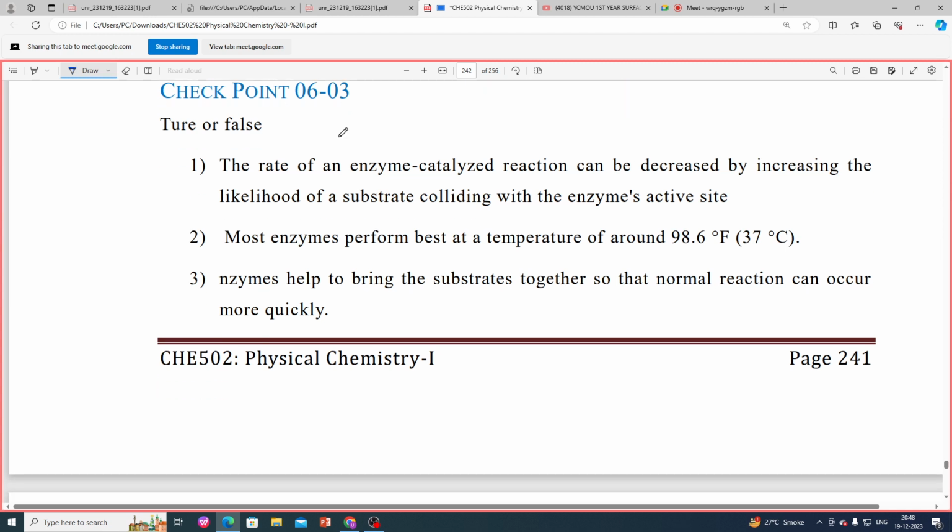True or false: the rate of an enzyme catalyzed reaction can be decreased by increasing the likelihood of a substrate colliding with the enzyme active site. Most enzymes perform best at a temperature around 98.6 Fahrenheit. This is true.